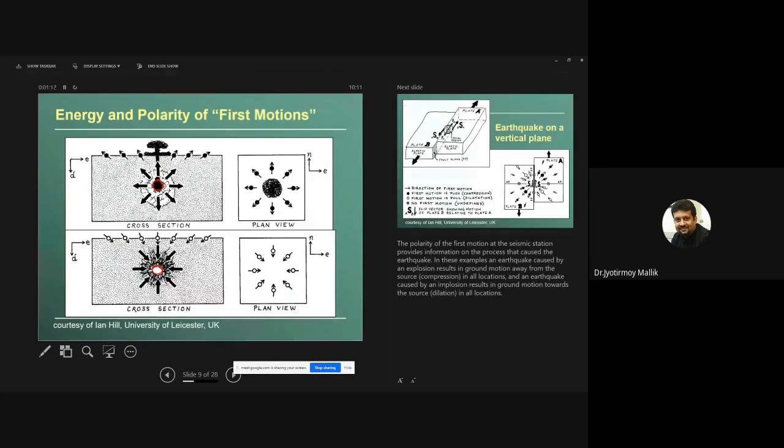Now, say for example, this particular earthquake is created due to compression. Compression means, you know about compression. Sorry, am I doing it wrong?